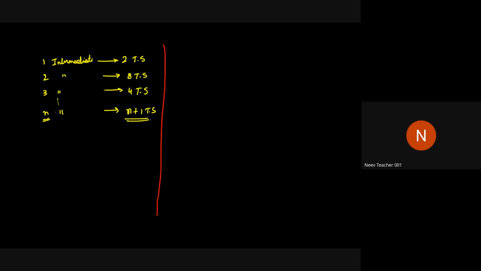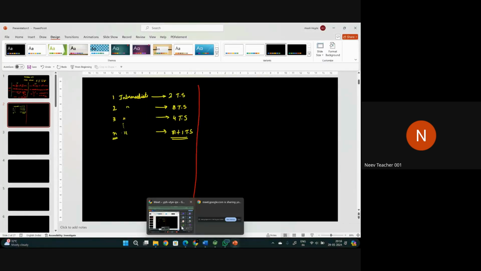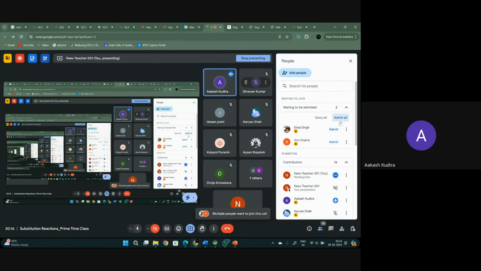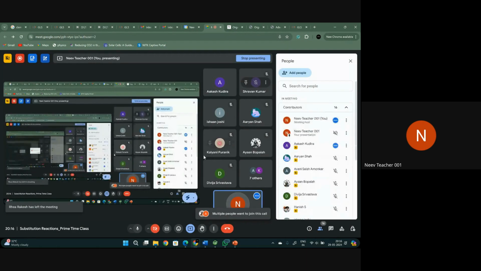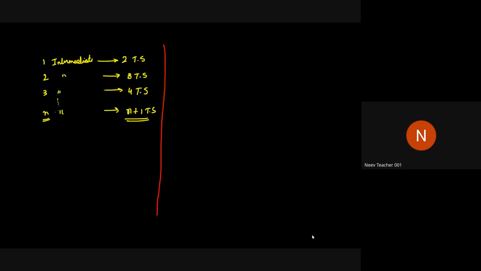If there is one intermediate, you understood that it is a carbocation. So how can there be two intermediates? Sir, is it a methyl shift? Yes, shifting, correct, exactly. When there is any shift or carbocation rearrangement, there can be multiple intermediates.